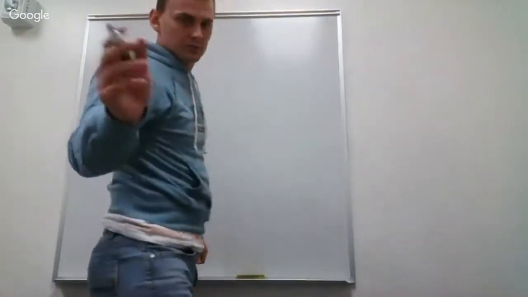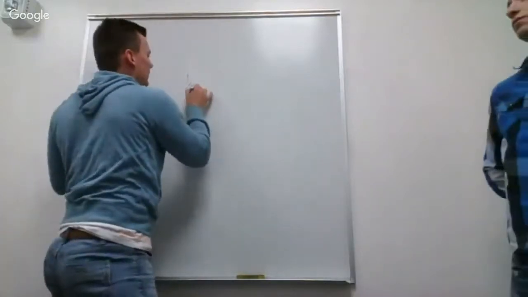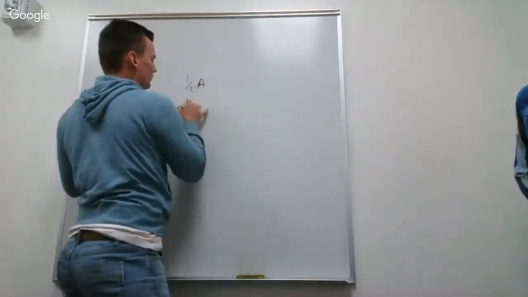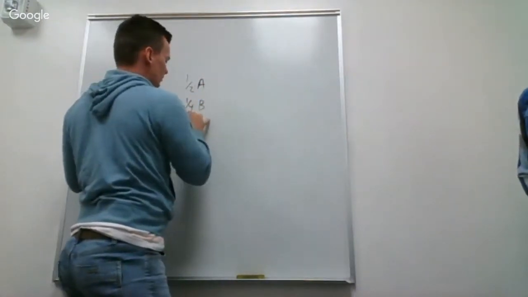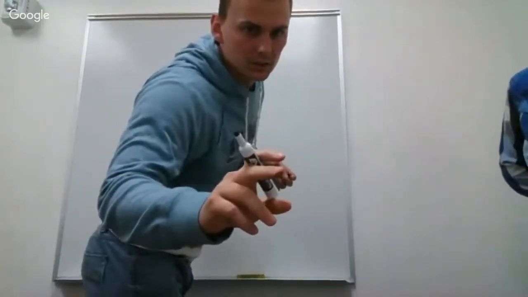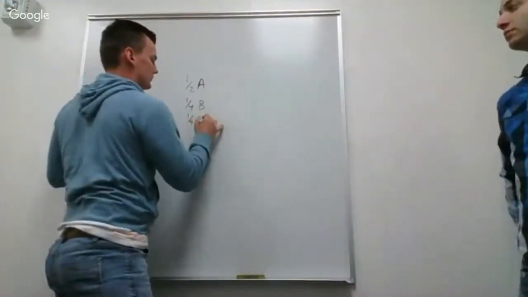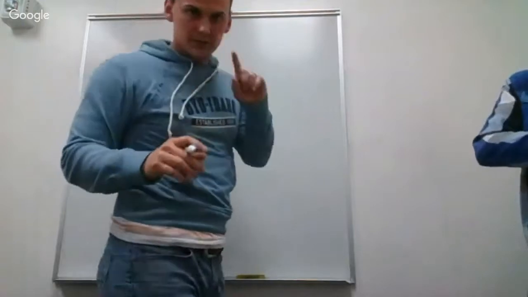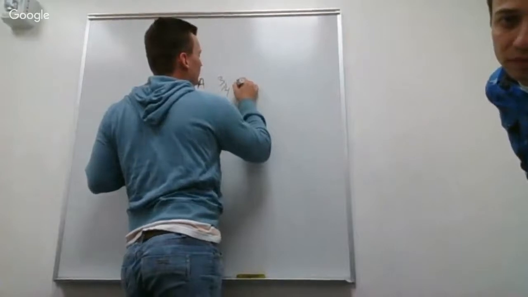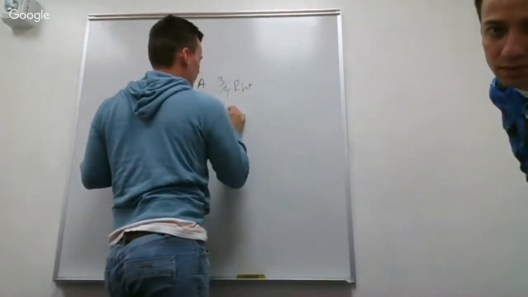If you do the Punnett square for A, B, and O, you have 1/2 is type A, 1/4 is type B, and 1/4 is type AB. And then the ratio for Rh positive is 3/4 to 1/4 negative.